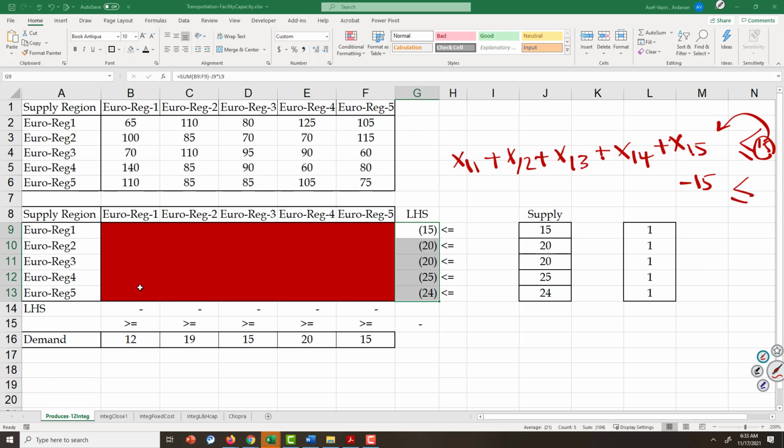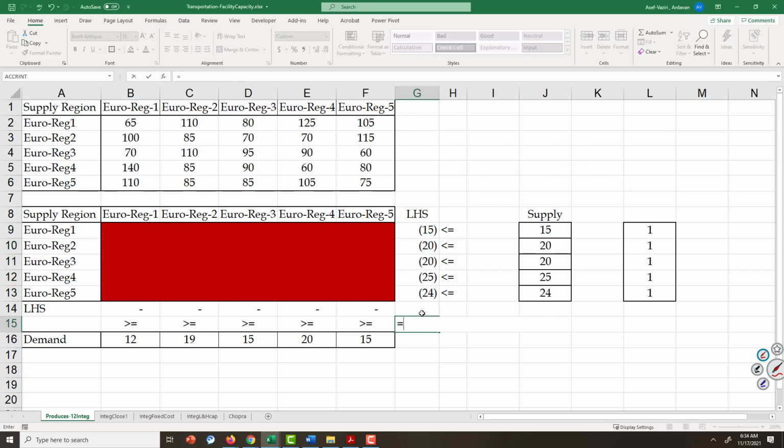And then I said less than or equal to 0. And then instead of 15, I wrote 15 times 1. It really doesn't matter. So I have this summation minus 15 multiplied by 1 is less than or equal to 0. I will later explain why I did this.